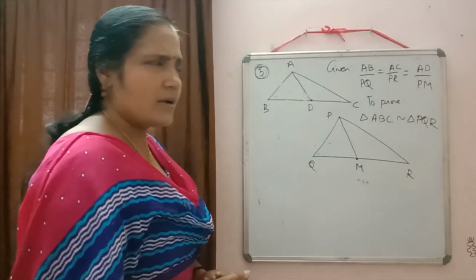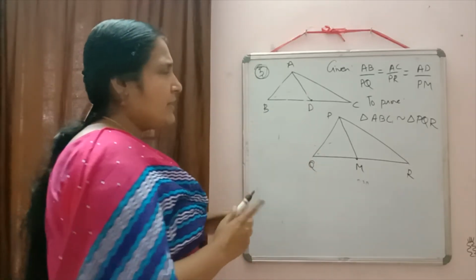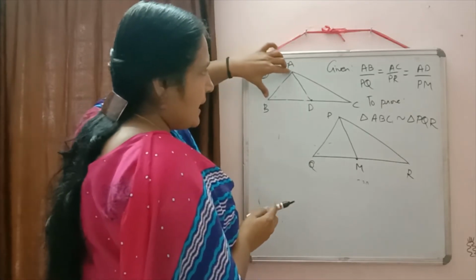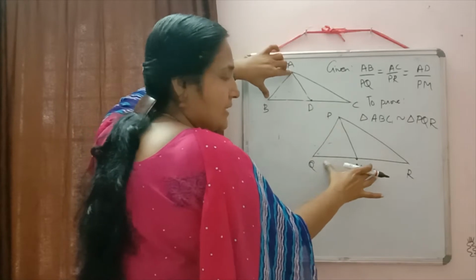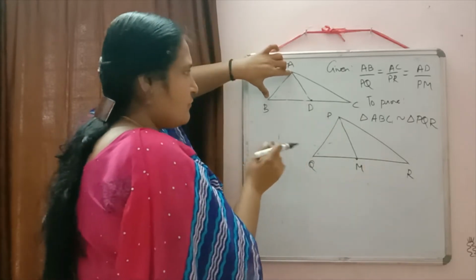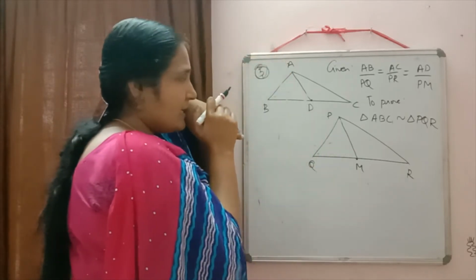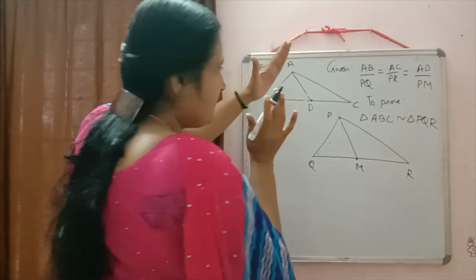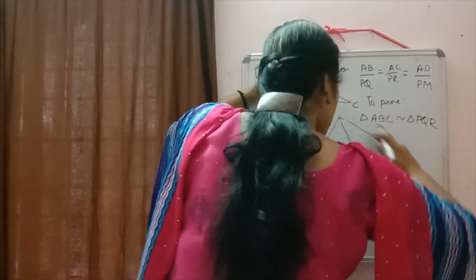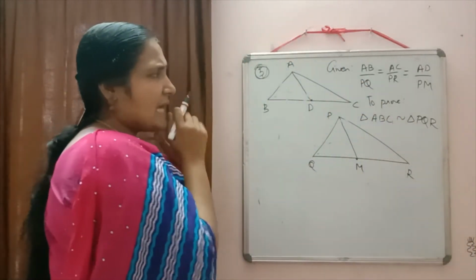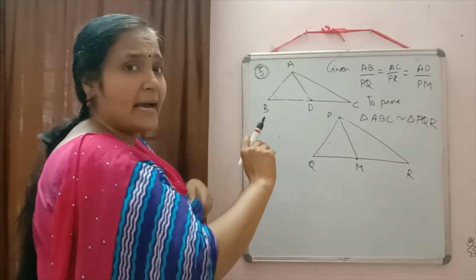First we will check what the difference is between the previous question and this question. In the previous question, what did they give? AB by PQ is equal to BC by QR, and we proved angle B is equal to angle Q. But here in the question, which sides are given? AB by PQ is equal to AC by PR. So which angle do we need to prove equal? What is that included angle?